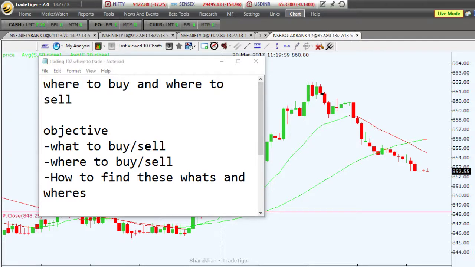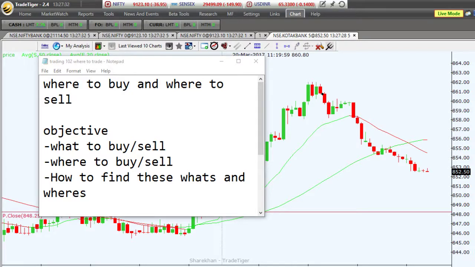The second objective is where to buy and where to sell. Suppose copper is currently trading at 320 rupees. How will we determine whether we should buy copper at 320, or 330, or 310?